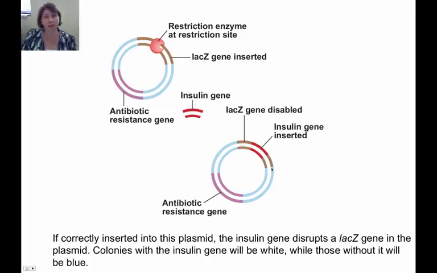It will become disabled and no longer function. So the LacZ enzyme will no longer be produced, and therefore we will no longer produce a blue colour. If we pick the colonies which are white, we know that they have an insert in the plasmid and therefore are likely to contain the particular piece of DNA that we are interested in.